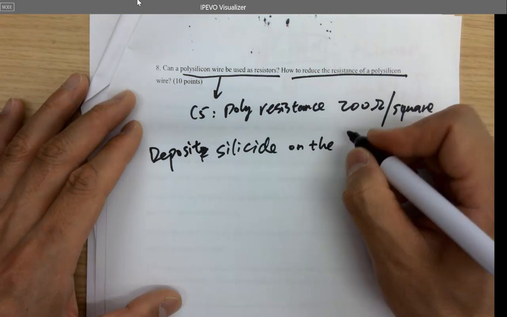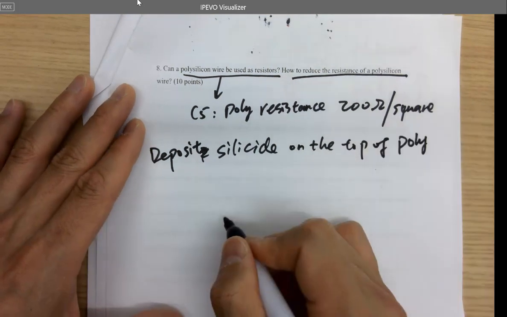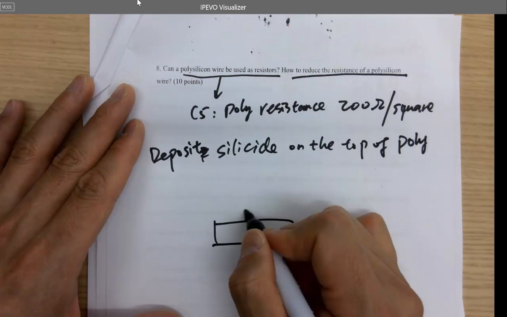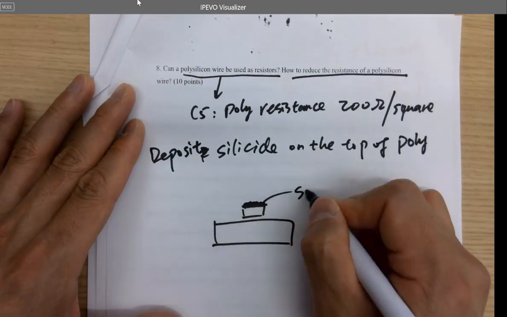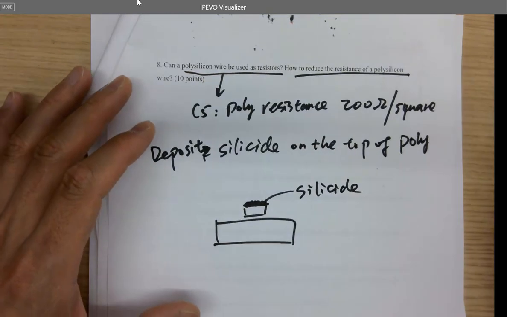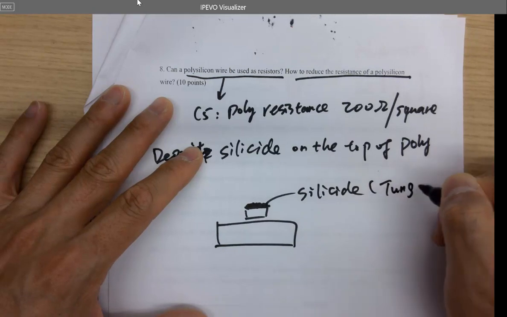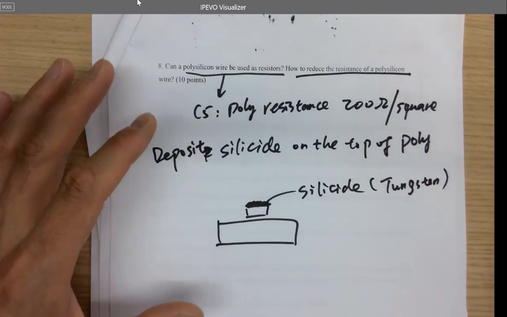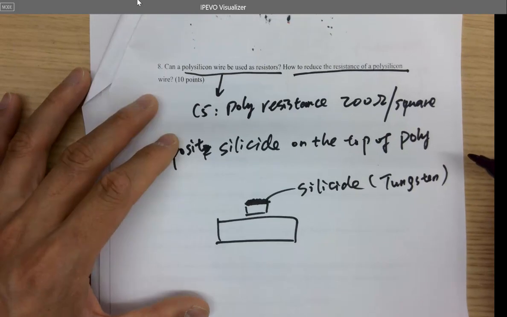Deposit silicide on the top of poly. So you can deposit a thin layer on it to reduce the resistance. And the material is usually tungsten in C5.